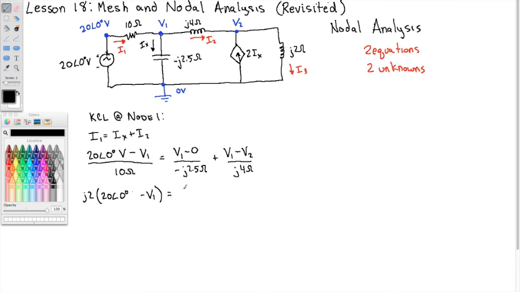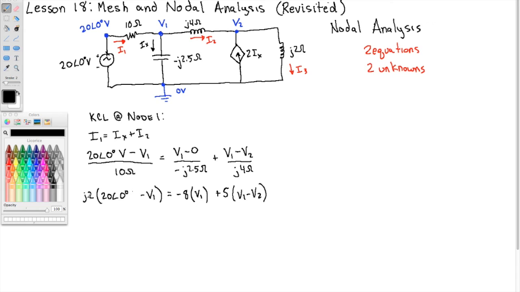So I'm left with negative 8 times V1. And when I multiply by J20 here, I get 5 times V1 minus V2. Already that's starting to look a little bit nicer.